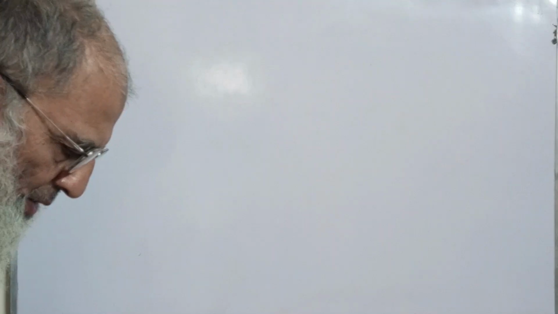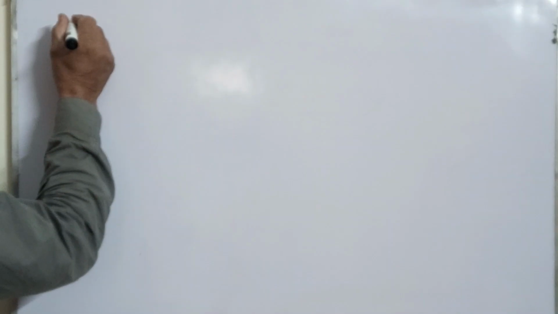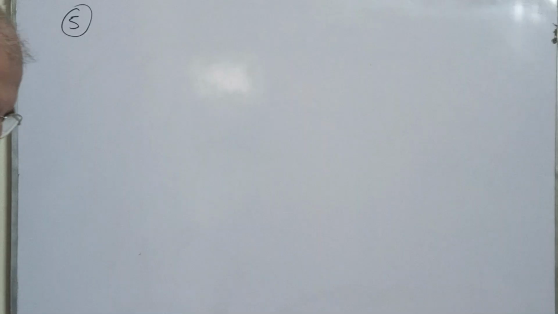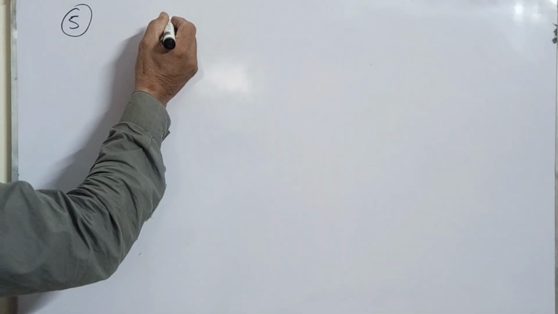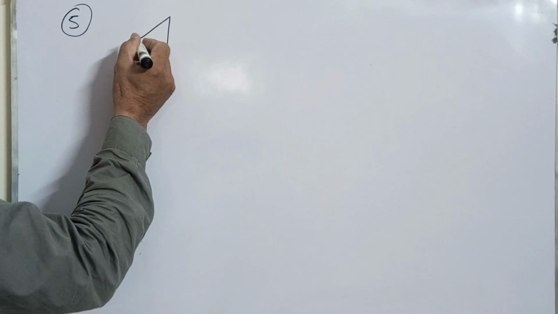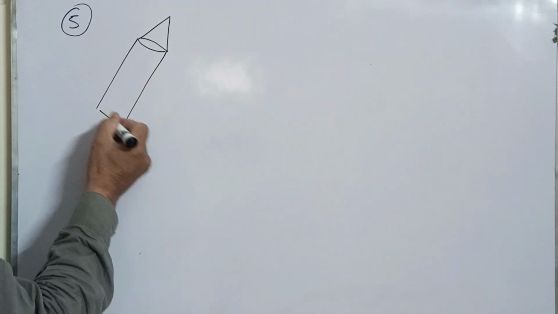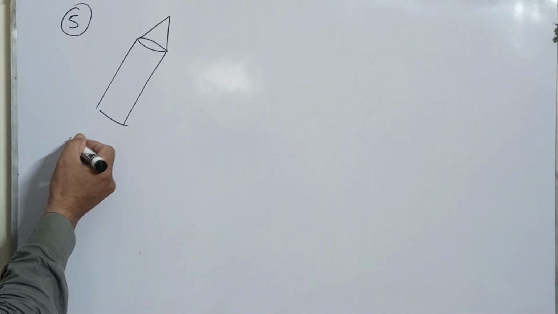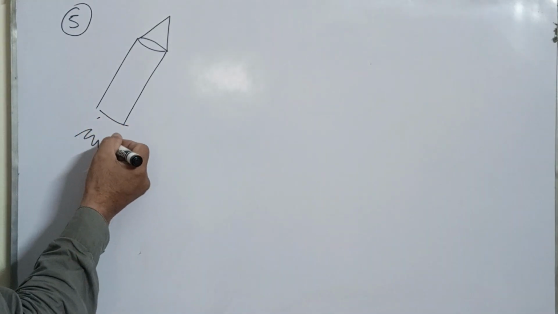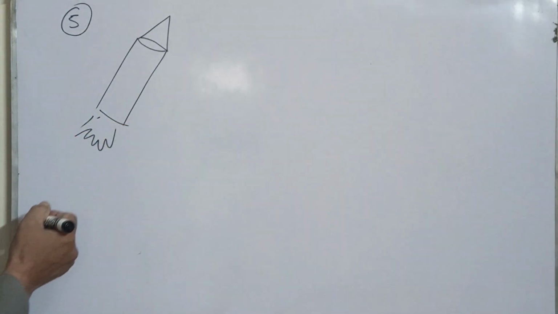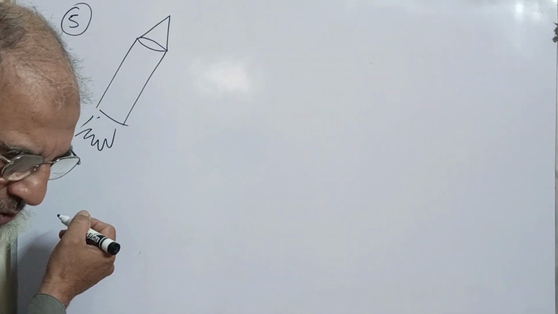So question number 5. My students, I have completed 4 questions. Question number 5 is a rocket, not rocket science, but it is a rocket. There is a blast and fire coming out.